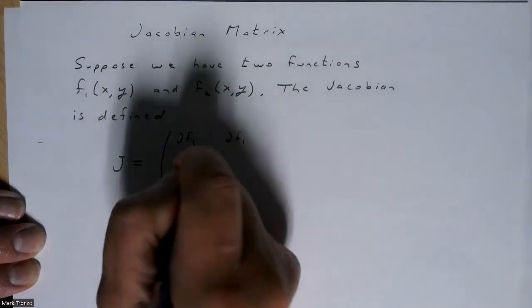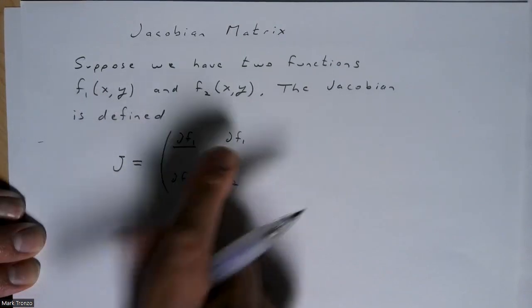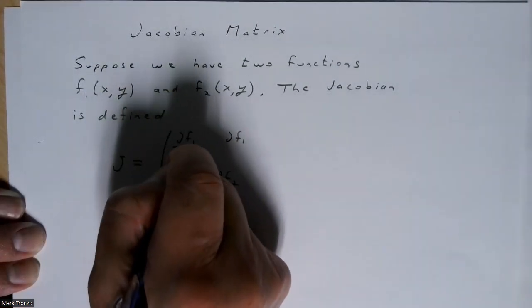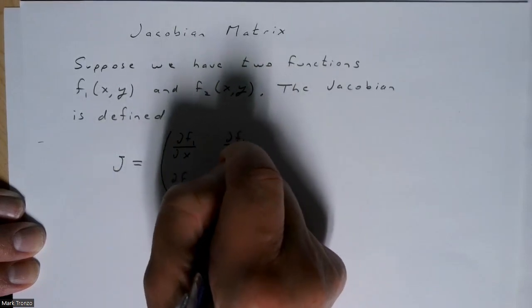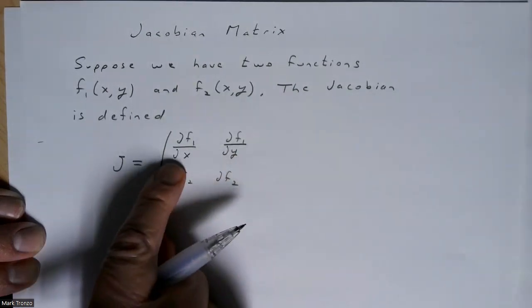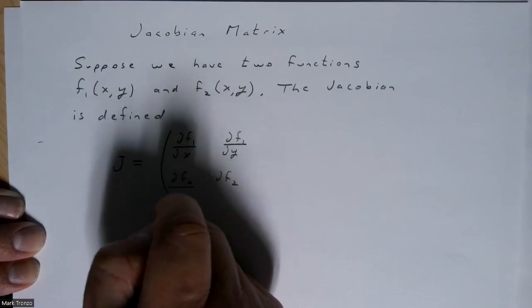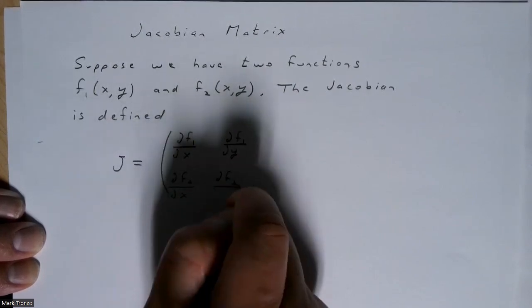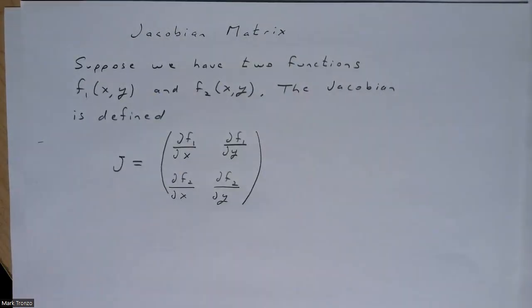And then we take the partial derivative of the first function with respect to each of the variables. This is df1 with respect to x and y, and then the second with respect to x and y down here.